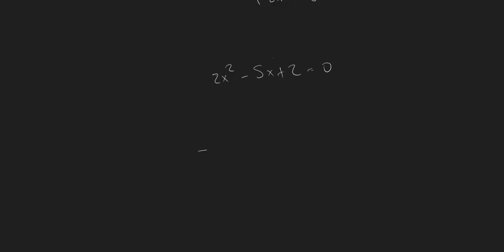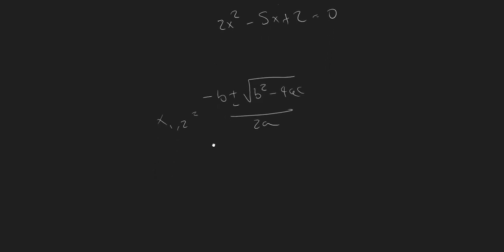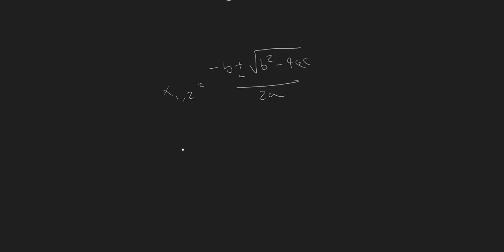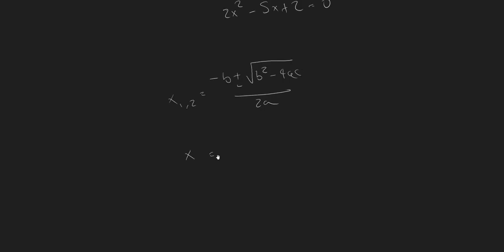This is a quadratic formula over 2. We get x equals negative, negative 5, that's 5, plus or minus the square root of b squared, so 25 minus 4 times 4, 16, over 4.